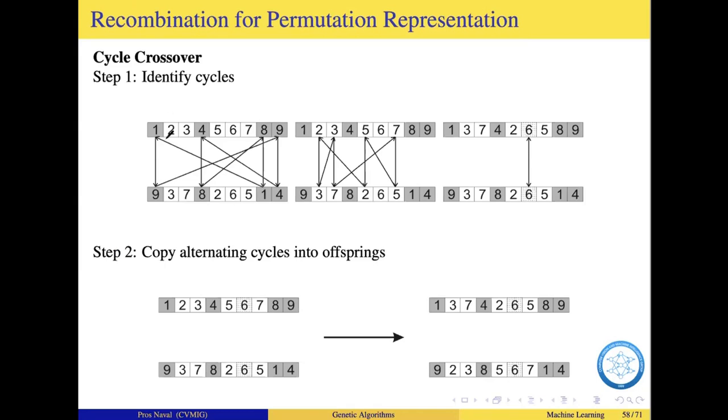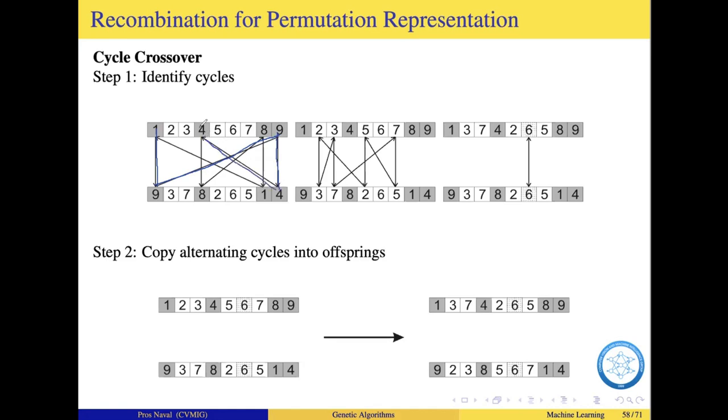First step is to identify the cycles. So first, we start with this first position here. Then we go down. What do we have here? A value 9. With this, we go to the 9th position. Then on the 9th position, we go to the 9th position of the second parent. This value here says 4, therefore we go to the 4th position of the first parent.